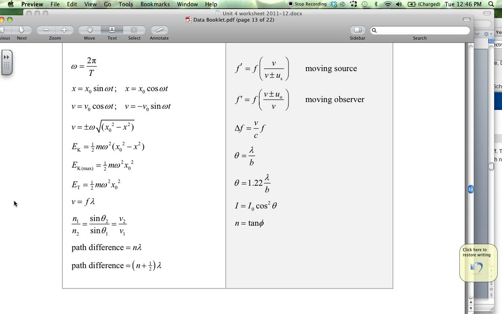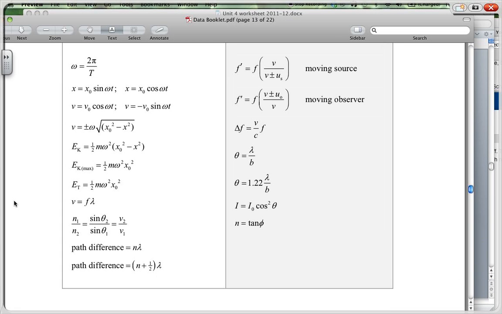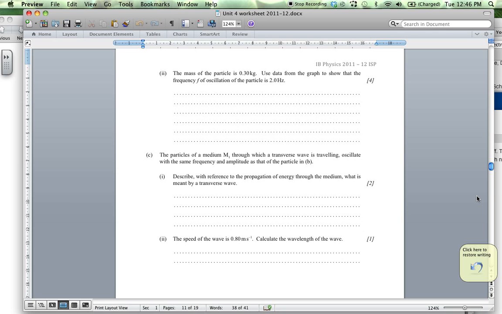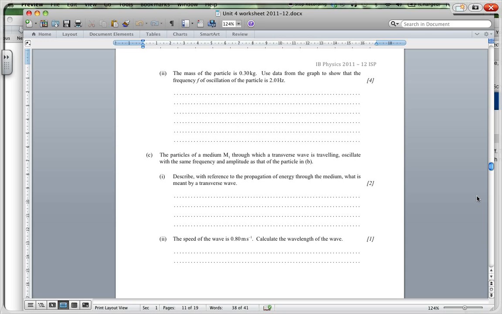Going here, obviously from here we're going to be able to use this formula over here to relate the two. So bring that back again. So we got 0.06 joules is your Ek max. You get told that your frequency is equal to 2 hertz. From that you can work out your omega.